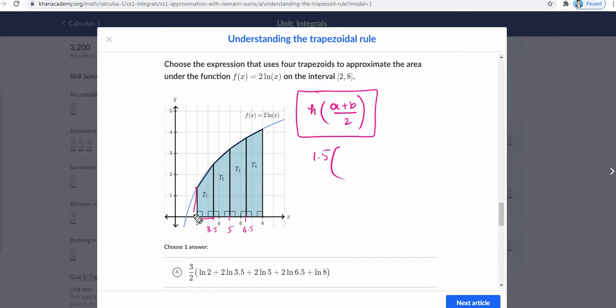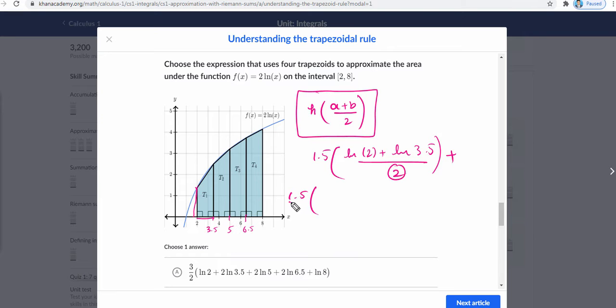So this side will be ln 2 plus this side will be ln 3.5, whole divided by 2, plus, now similarly the height of all the trapezoids is 1.5, so I'll take 1.5 as common, then I'll just add the sum of the parallel sides and divide everything by 2.